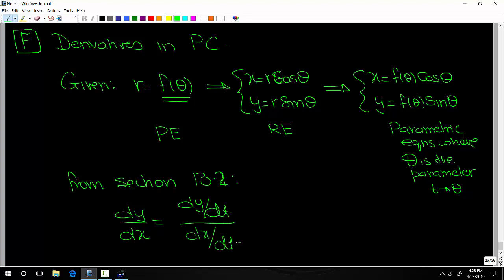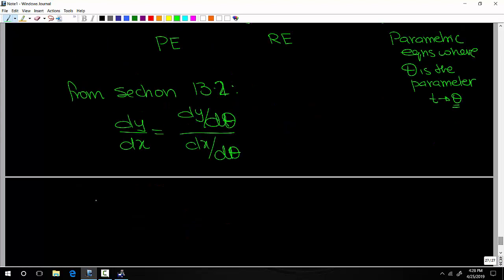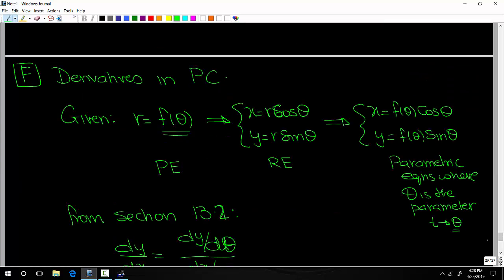That's assuming the parameter is t, but now the parameter is theta. So we'll have d theta, d theta. So now that we have that, we can easily find the derivative. So all we have to do is take the derivative of y with respect to theta.